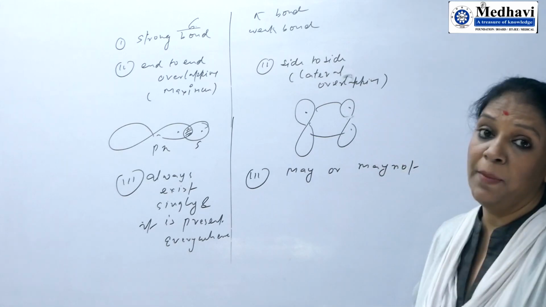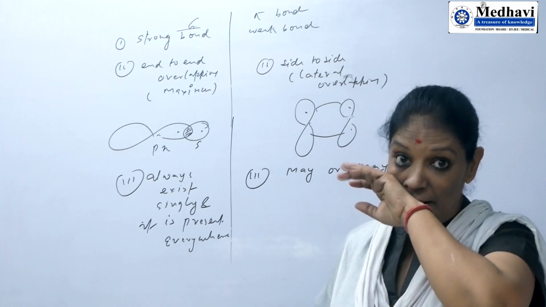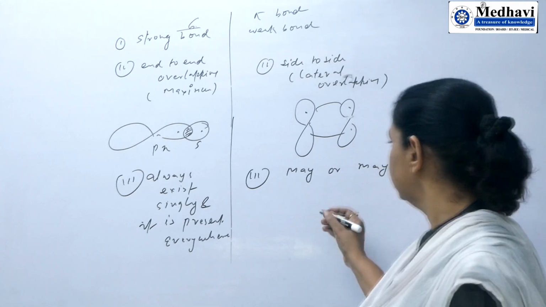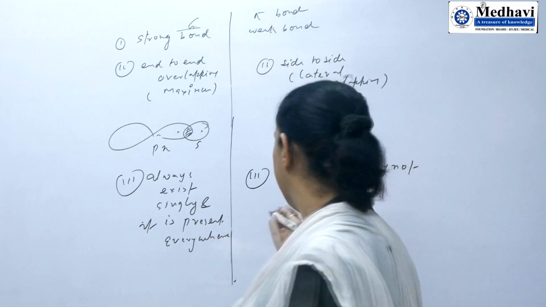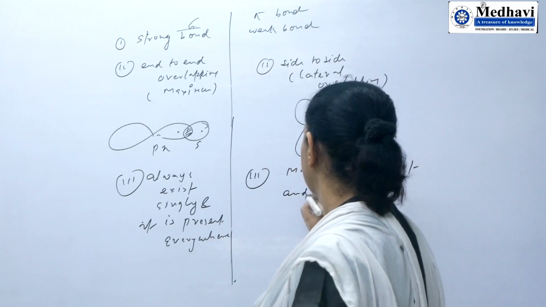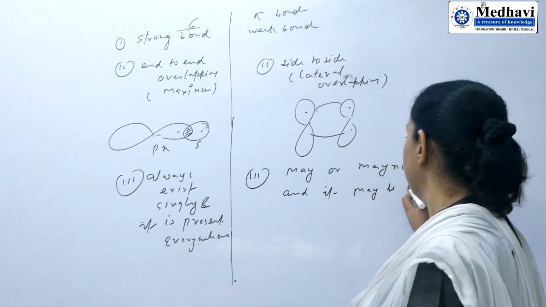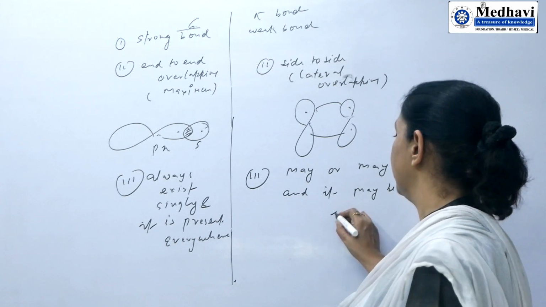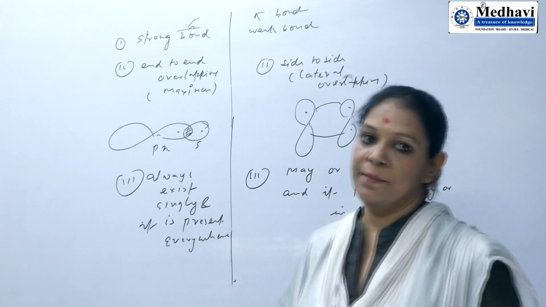We can imagine a compound without a pi bond, or we can imagine a compound with a pi bond. It may or may not be present. And it may exist singly or in pair, but a sigma bond will never exist in pair.